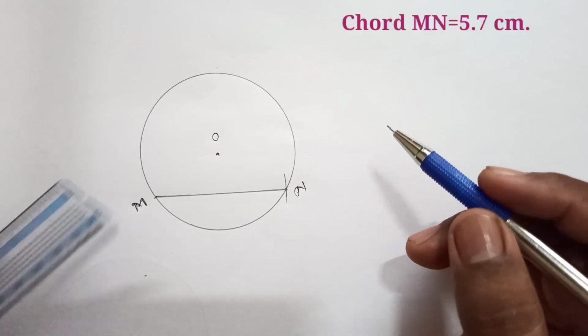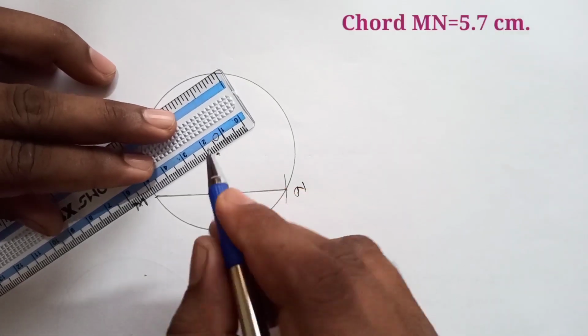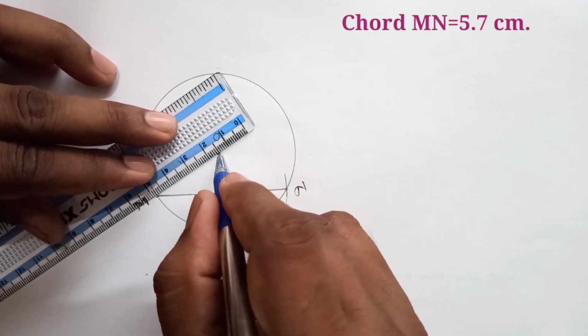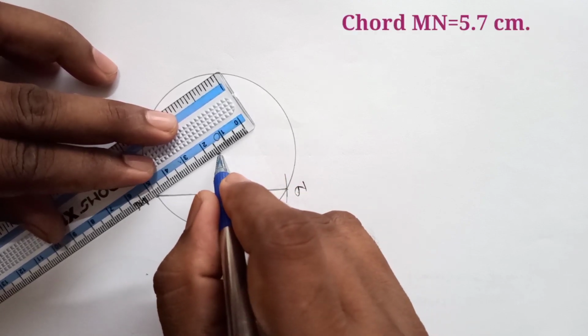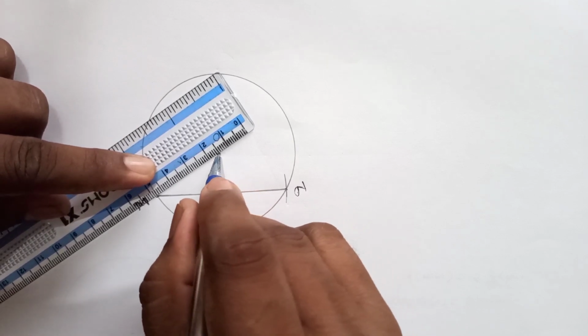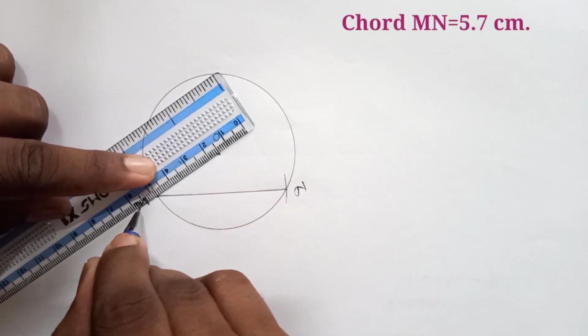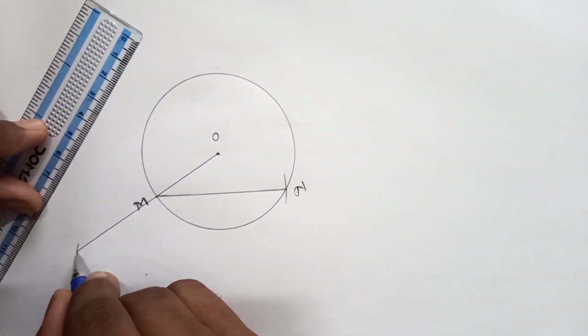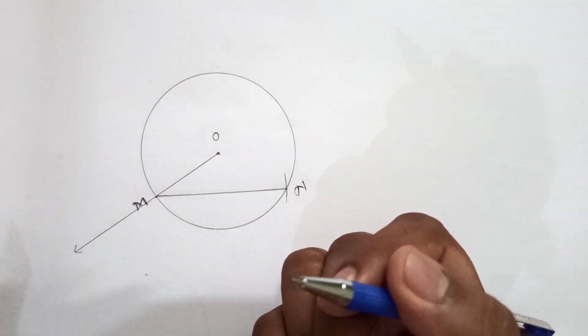Okay, so first of all we are going to draw here a ray from the point M, and the point of origin of that ray is the center of a circle. Okay, so like this way easily you can construct the first ray. Okay, so this is the first ray.